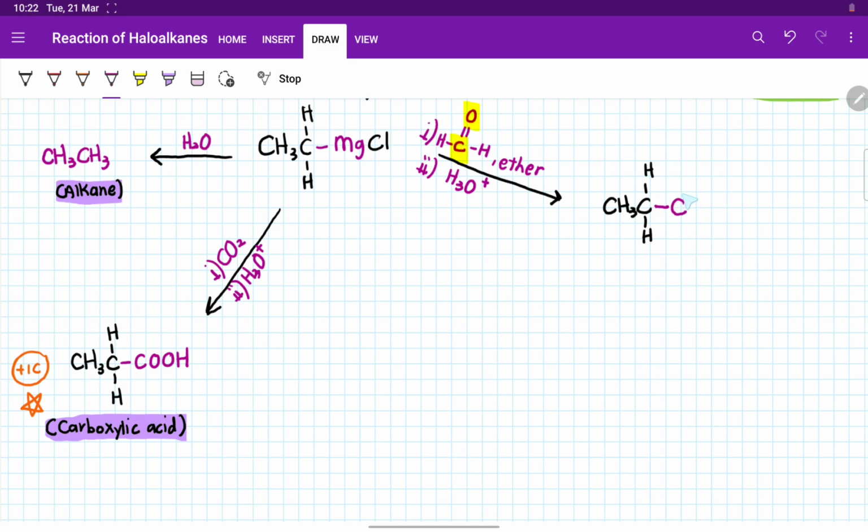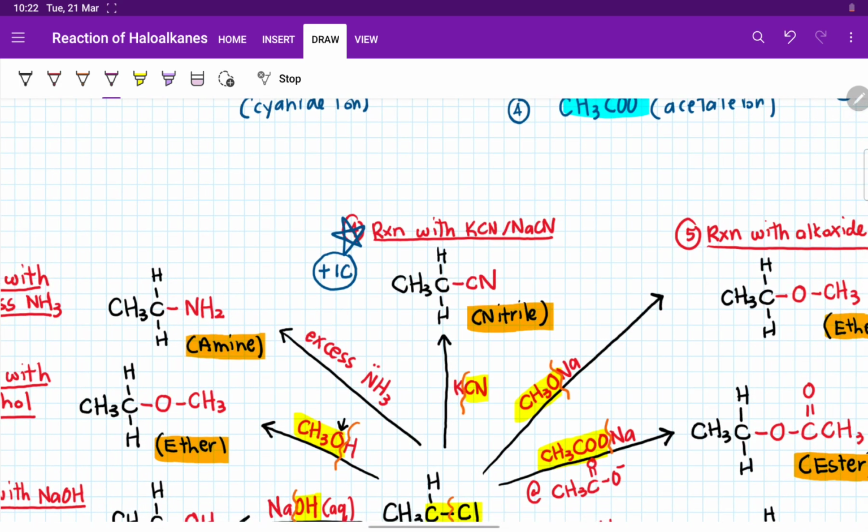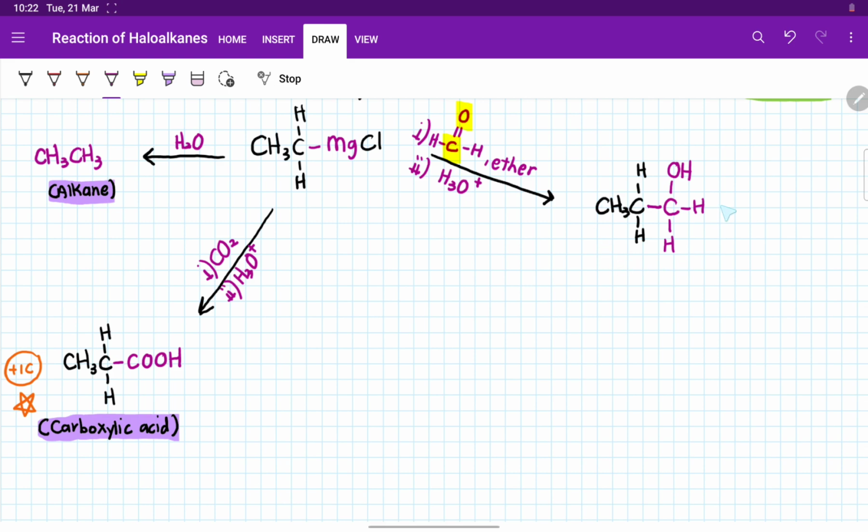Okay, cuma sekarang ni, this carbon instead of double bonded to oxygen, kita gantikan dengan single bond oxygen dan kita letak sebagai OH. The other two hydrogen, okay, so salin balik as it is. So as you can see over here, so maafkan saya. As you can see over here, this is carbon, this is the hydroxyl group, and this carbon is a primary carbon sebab dia bonded kepada satu sahaja carbon dekat sini. So, dekat sini kita akan hasilkan primary alcohol.